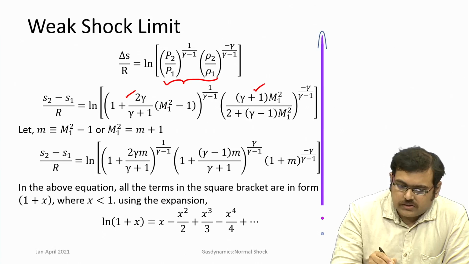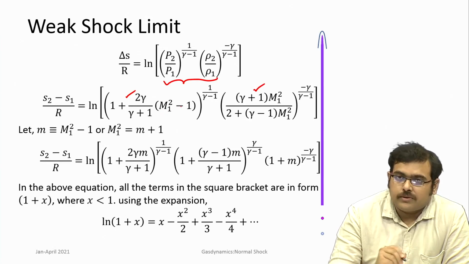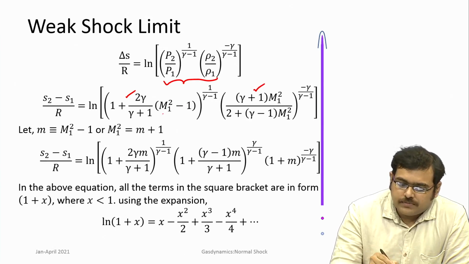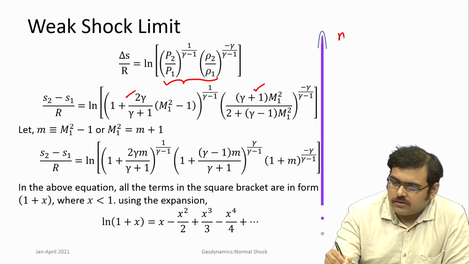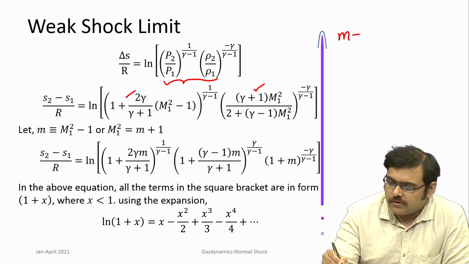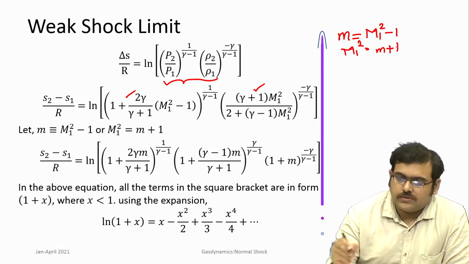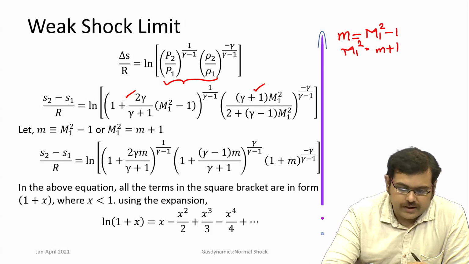Now this is in terms of the parameter m1 square minus 1. This parameter is written as a coordinate or variable transformation is done, where m is equal to m1 square minus 1, or m1 square is equal to m plus 1. So this is to make the analysis feasible.